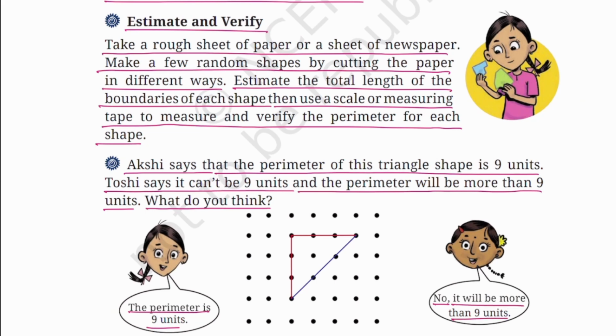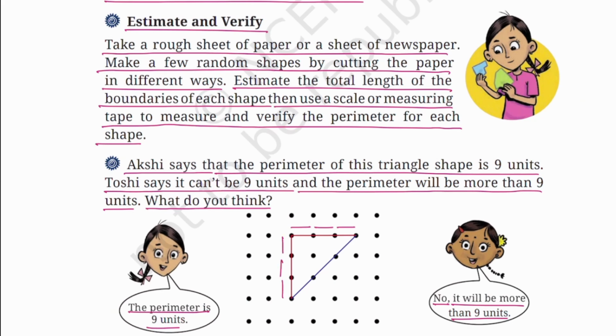You can see a triangle here. It has 3 sides. 2 are shown using red lines and 1 using blue lines. Along the red lines, the lengths are 3 units in horizontal position, 3 units in vertical position.